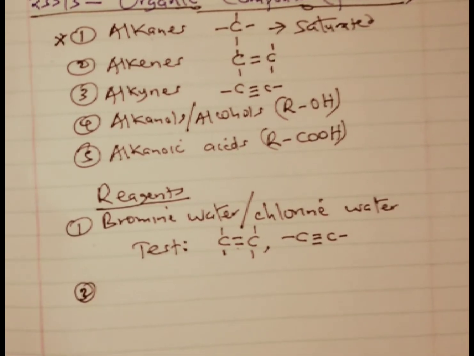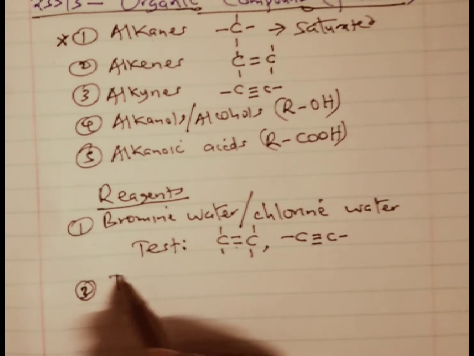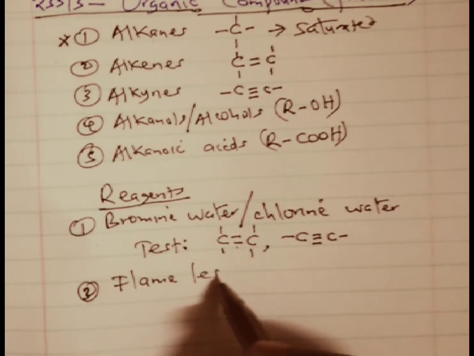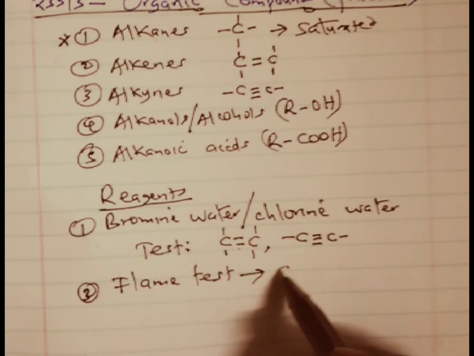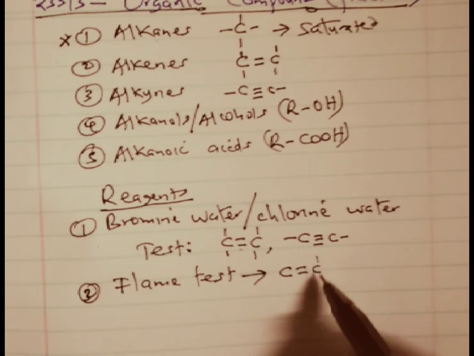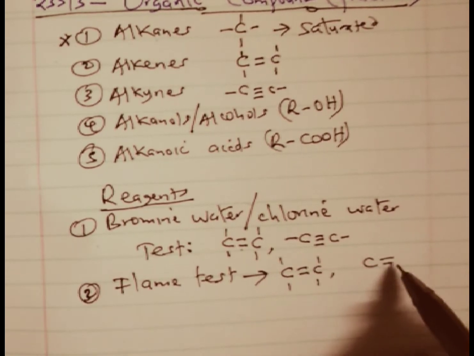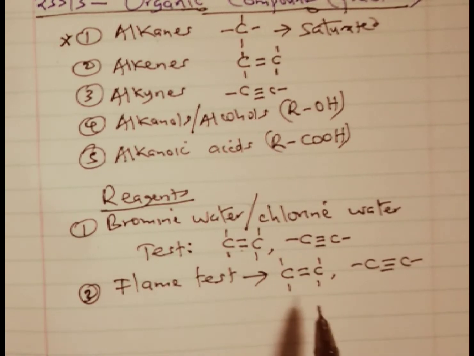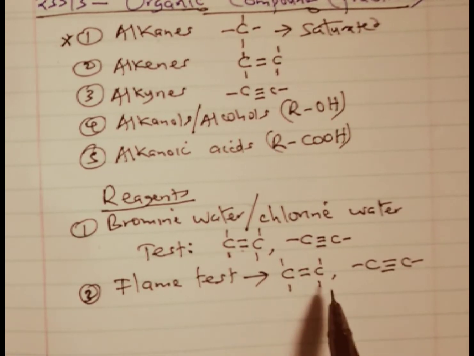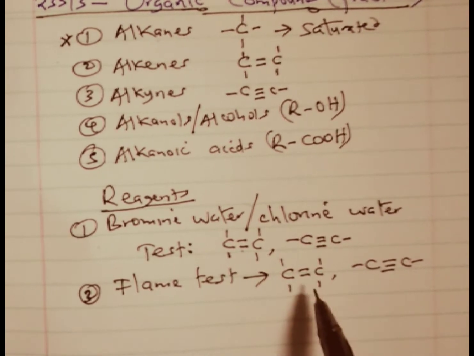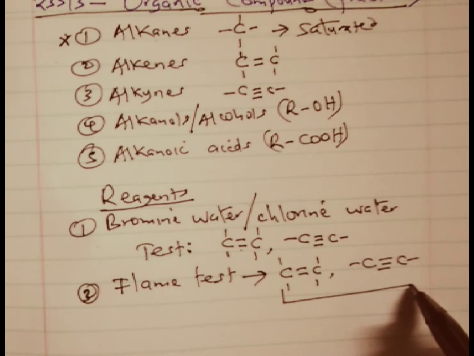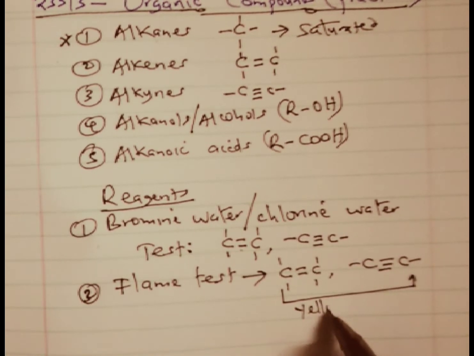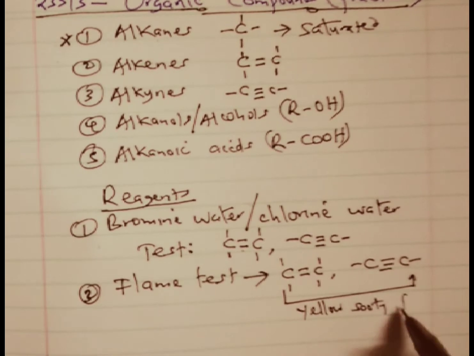Number 2, we have also what we call the flame test, and the flame test is going to test for the C double bond, also the C triple bond, and anytime you burn a solid that is suspected to have either an alkene or an alkyne, these ones will always burn with a yellow sooty flame.